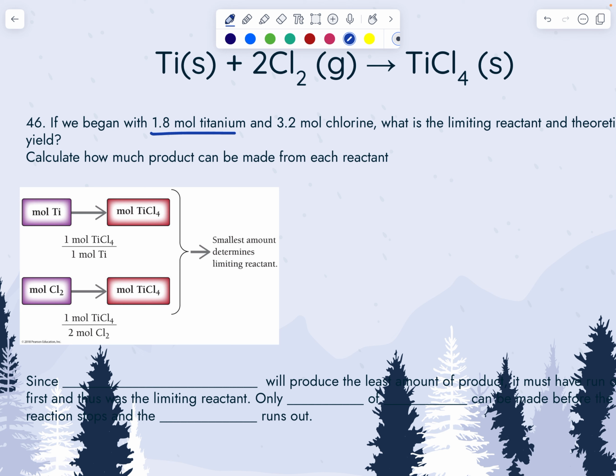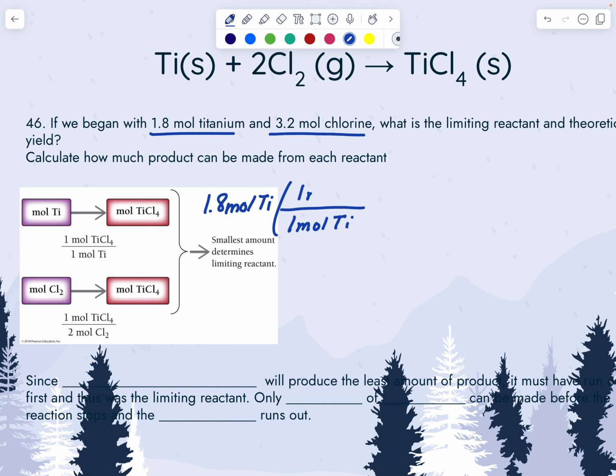So I am starting with 1.8 moles of titanium, and the question that I'm asking is how much titanium 4 chloride can I make? And according to the balanced chemical equation, 1 mole of titanium will produce 1 mole of titanium 4 chloride. So therefore, I could make 1.8 moles of titanium 4 chloride.